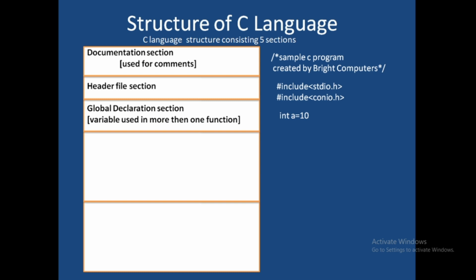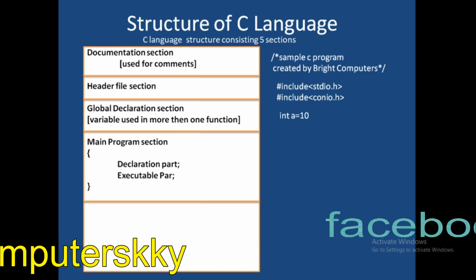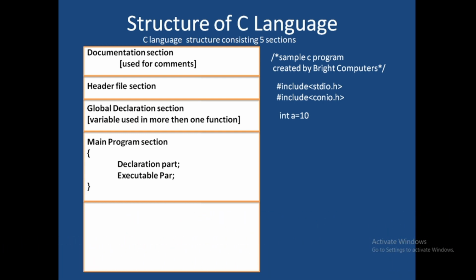Now we have the main program section, which is the most important section. Program execution starts from the main function. It has two parts: the declaration part and the executable part. In the declaration part we take variable declarations, like void main. If there is any value we have to take, we do it in the declaration part.